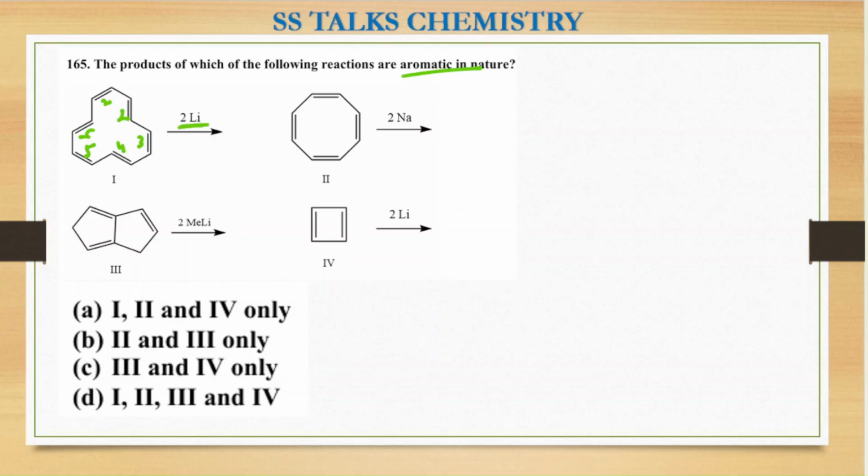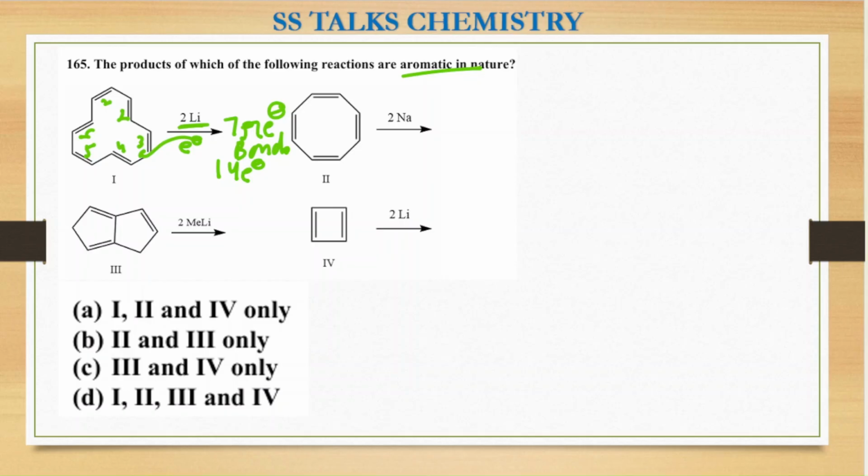If you treat it with lithium, that is your alkali metal, it is going to provide electron density to it. So that is going to form the anionic species. That means you will have 7 pi bonds present. So that means you have 14 electrons. For aromaticity, the molecule should be cyclic, planar, and it should follow Huckel's rule.